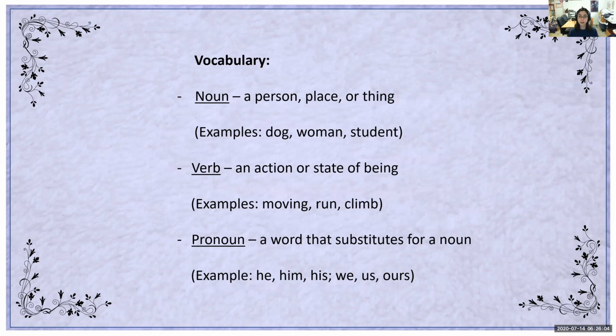Or instead of saying Jill and I are going to get coffee, I could say we are going to get coffee. And we is the pronoun that substitutes for the noun, in this case, Jill and I. So again, pronouns are words that substitute for a noun. So pronouns can almost be like a little more vague, whereas nouns are almost a little more specific.